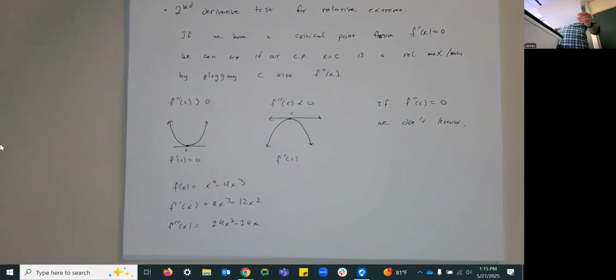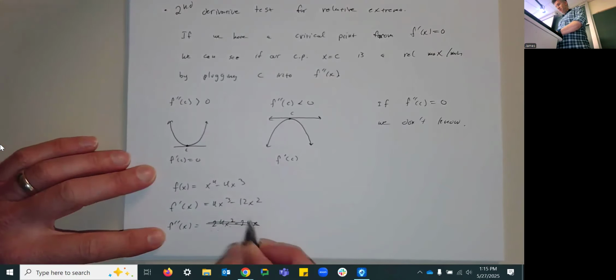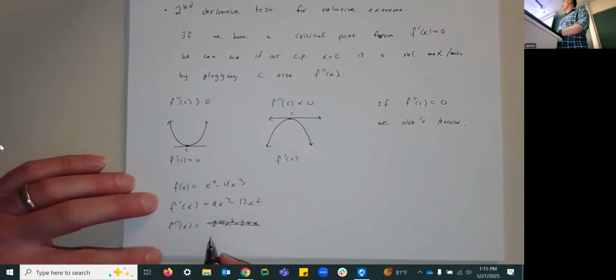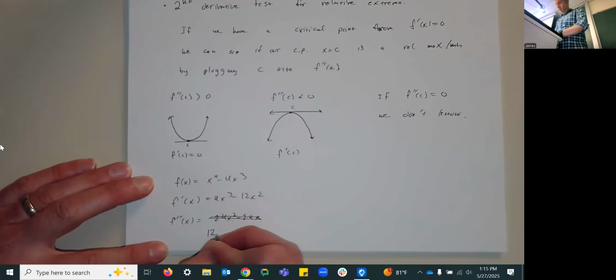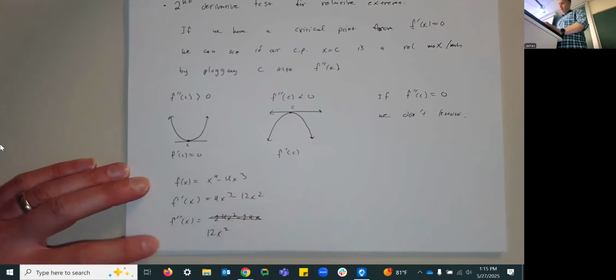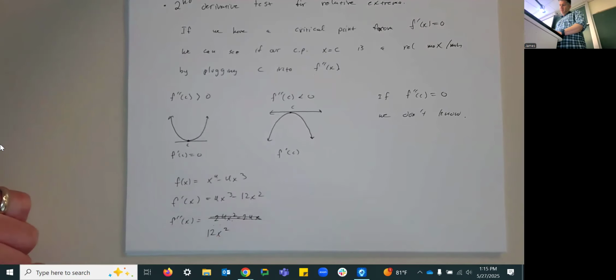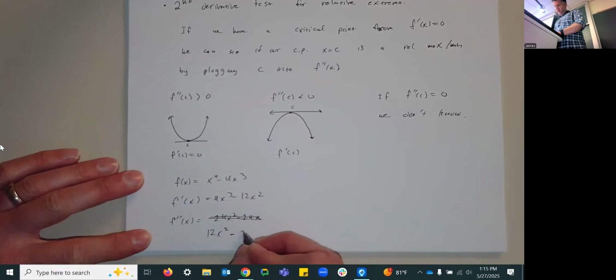I see the mistake I made. Do you guys see it? It's in my second derivative. It should be, instead of 24x squared, 4 times 3 is not 24, it's 12. It should be 12x squared. Yeah, 12x squared minus 24x.